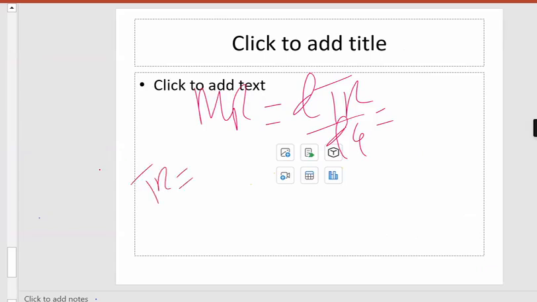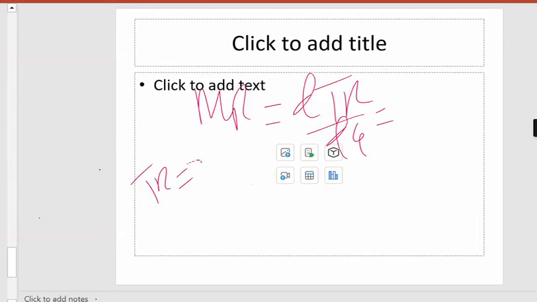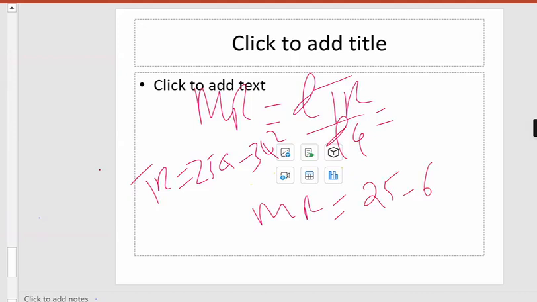Total revenue tumepata ngapi? Tumepata 25Q minus 3Q square. Sawa. Sasa marginal revenue hapa ukidifferentiate you get how much? You get 25 minus 6Q. Yes. Tuko pamoja? Yes.